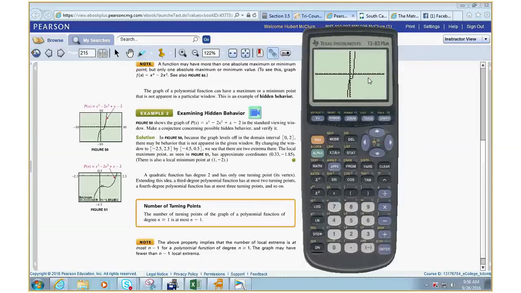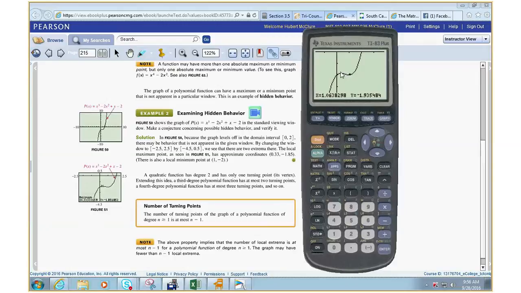But what you neglect is the hidden behavior, and the hidden behavior is right here. See this part right here? That's hidden behavior. So what you need to do is zoom. I use zoom box because that's what I'm used to doing. And see, there's your hidden behavior. You've got an absolute max and an absolute min.